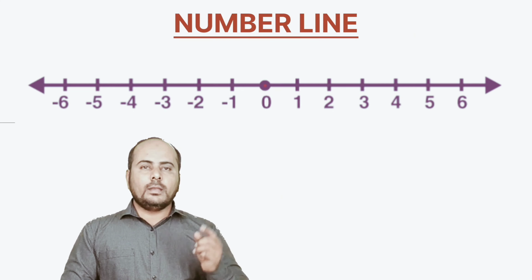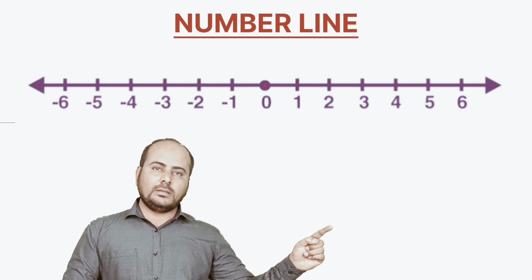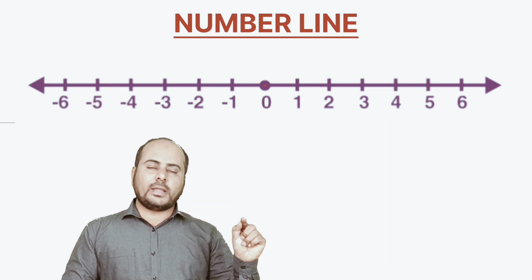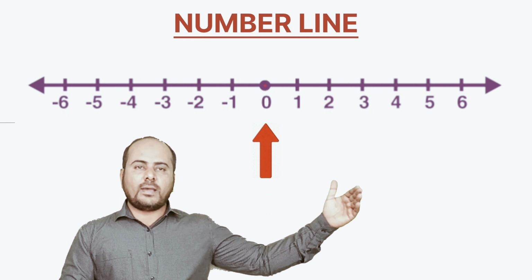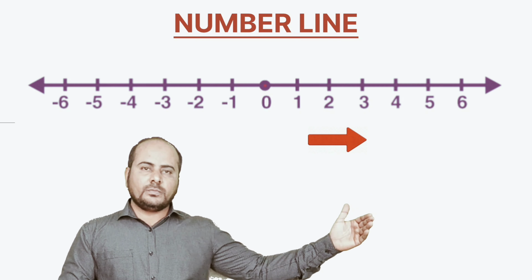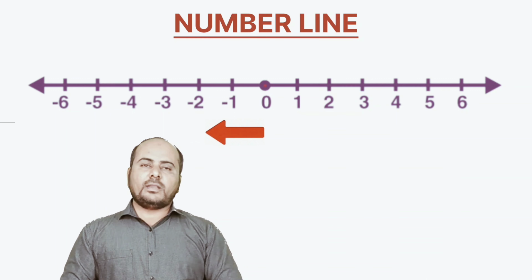Before going to learn about the coordinate plane, we have to learn about a number line. What is a number line? A number line is a horizontal line where the midpoint is represented with 0, the values on the right side are positive and on the left side we take the negative values.